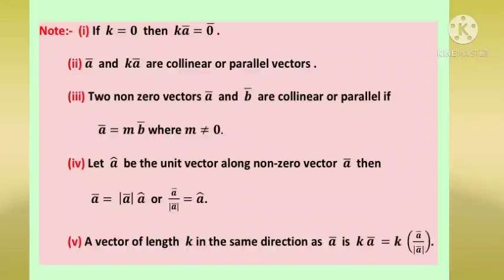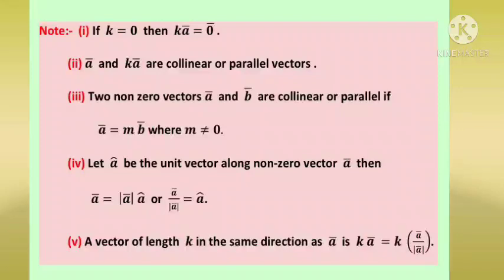Clearly it will be equal to the magnitude of A bar into the unit vector A cap. So what is A cap, the unit vector? It is A bar upon the magnitude of A bar. So whenever you want to find any unit vector along any vector, you can find it using this formula: unit vector is equal to the vector itself upon the magnitude of the vector.